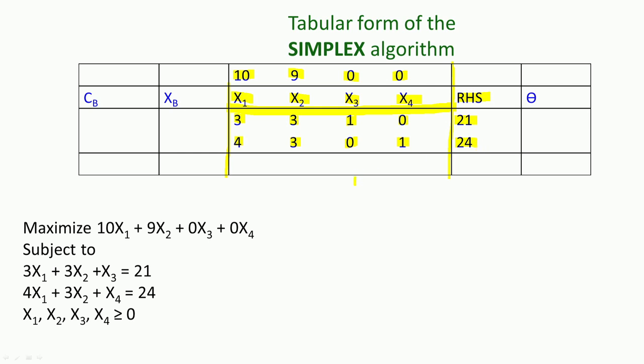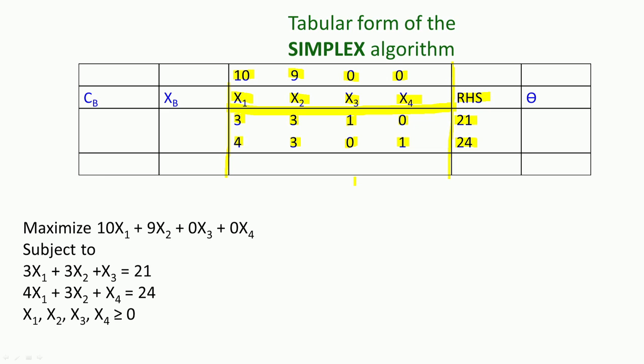Now, just like in the algebraic method, it is easy to begin with x3 and x4 as the basic variables and keep x1 and x2 as the non-basic variables. One can see that x3 and x4 are good basic variables, because if you put x1 equal to 0 and x2 equal to 0 in these equations, you will get x3 equal to 21, x4 equal to 24.